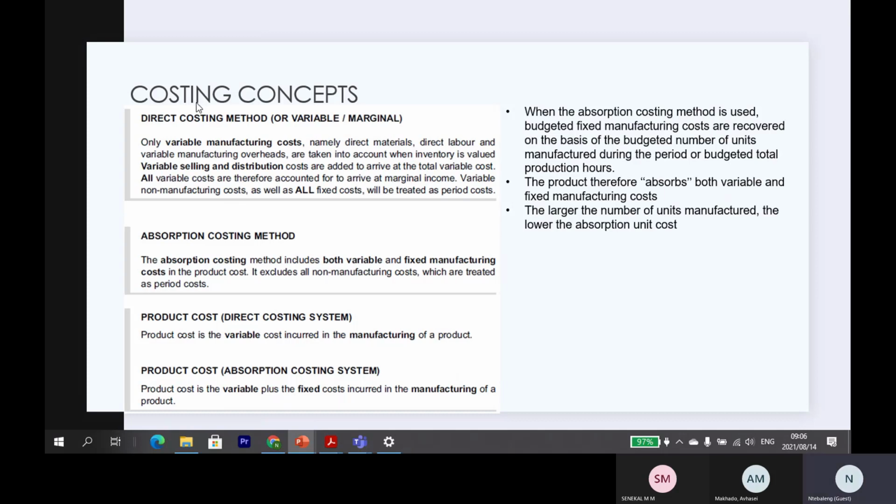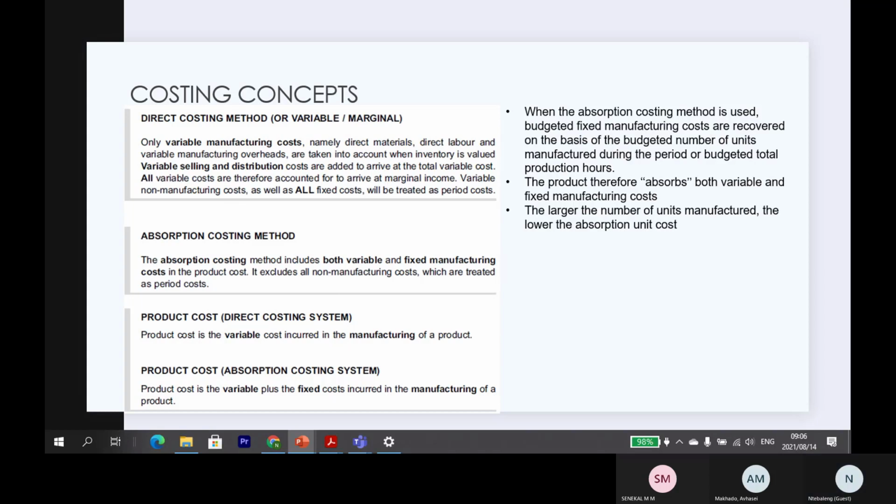Okay. So the costing concepts that we're speaking about, the ones that I just mentioned. When it comes to the direct costing method, you must remember that only variable manufacturing costs, namely your direct material, direct labor, and variable manufacturing overheads, are taken into account when you value your inventory. I repeat that.